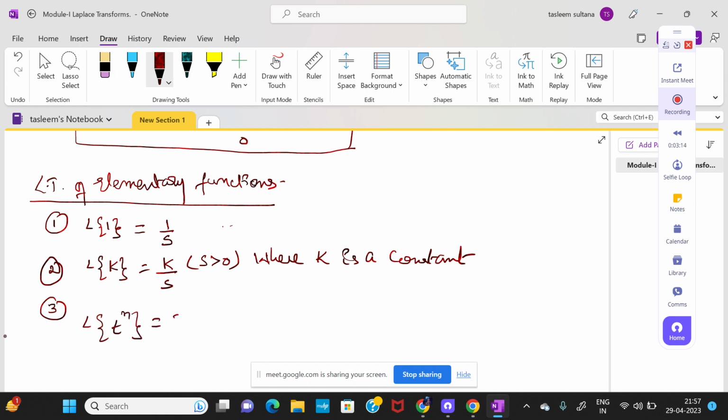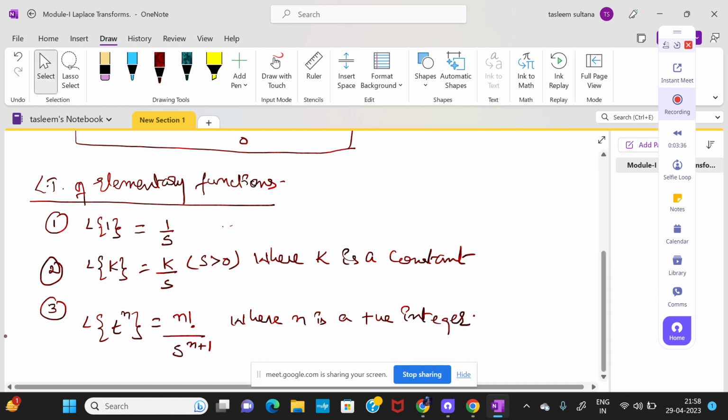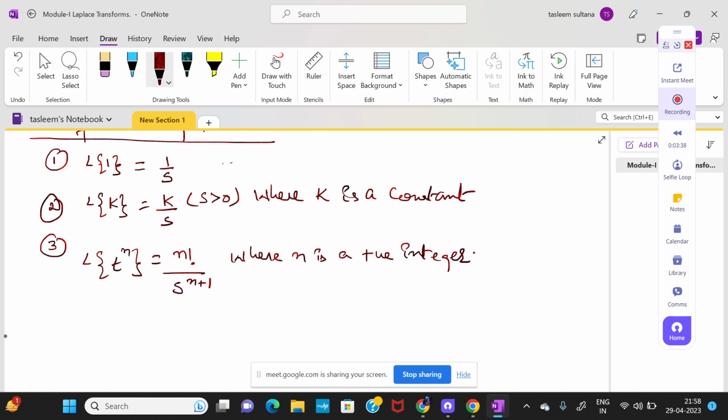It's equal to n factorial divided by s to the power of n plus 1, where n is a positive integer. This n factorial we can also represent as gamma of n plus 1.